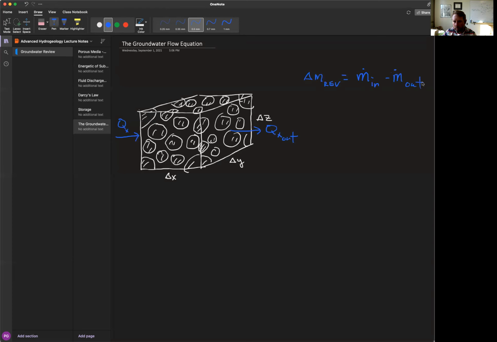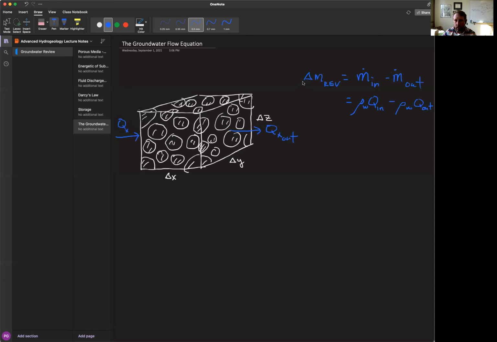All right. And we can write that in terms of discharge, because the discharge, remember, is a volumetric flux, or the volume per time, as rho water times Q in minus rho water times Q out.